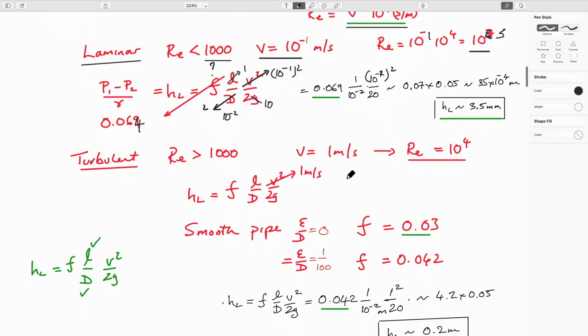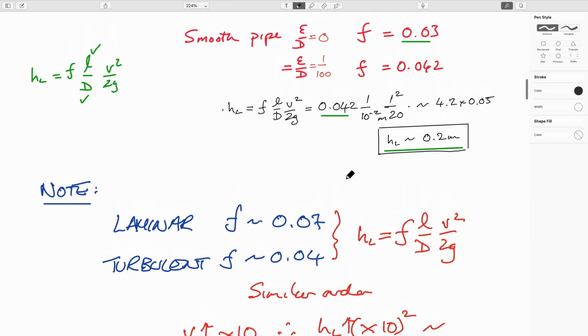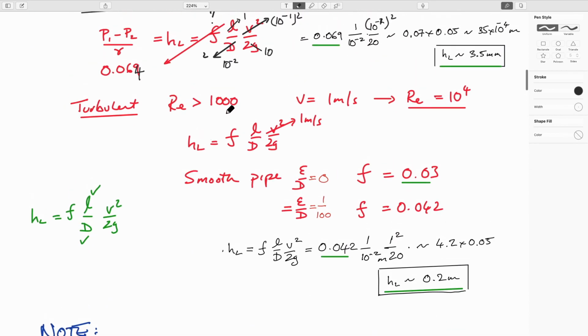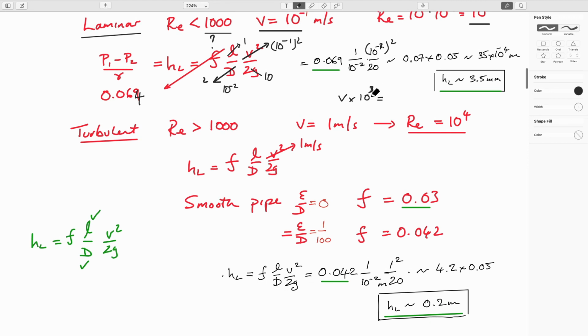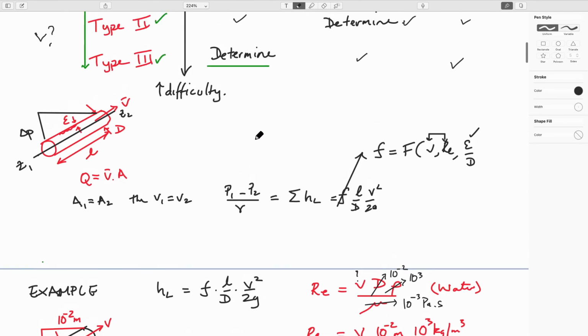I don't know what number I chose, but to be greater than 1,000, if we use 1 meter a second, then the Reynolds number is equal to velocity times 10 to the 4, so the Reynolds number is 10 to the 4.